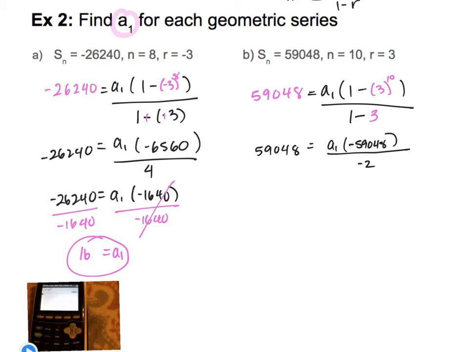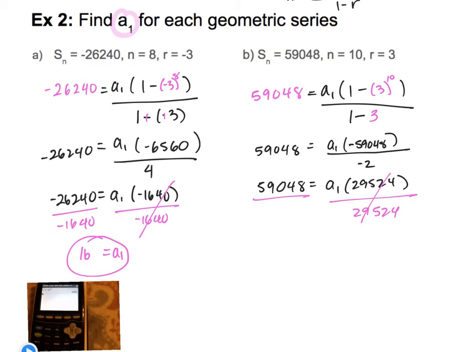And then I'm going to take these two numbers and I'm going to divide. So if I take that negative 59048 and divide it by negative 2, I get 29524. And then this side here, 59048, I'm going to divide both sides by this 29524 to cancel that out.